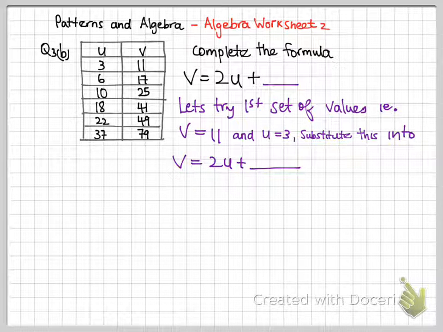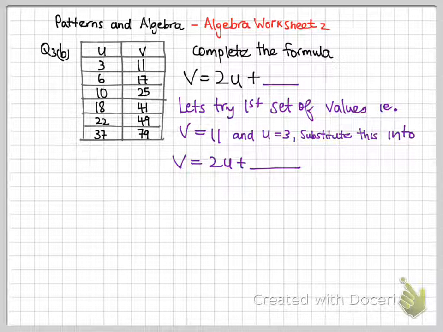Okay, now we can try the first set of values, that is V is equal to 11. If you look at the table, you see that when V is equal to 11, U is equal to 3. So we can substitute this V equal 11 and U equal 3 into the equation V is equal to 2U plus something.